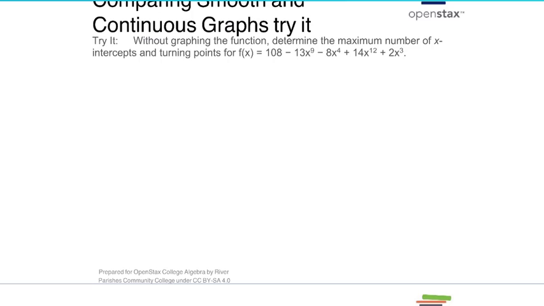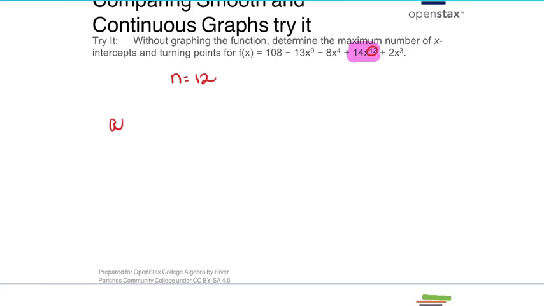So your turn. Try it without graphing, determine the maximum number of x-intercepts and turning points, and when you're done, unpause the video and we'll go over it. Okay, so it looks like the highest degree is 12, because the other degrees are 9, 4, 3, and 0. So looking at 14x to the 12th, n is 12.